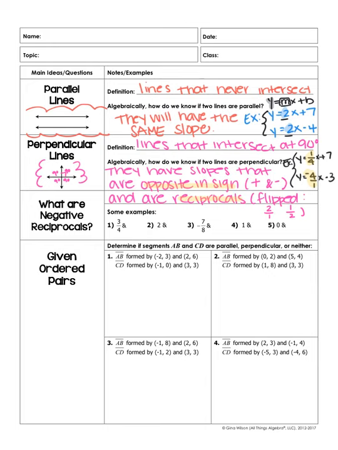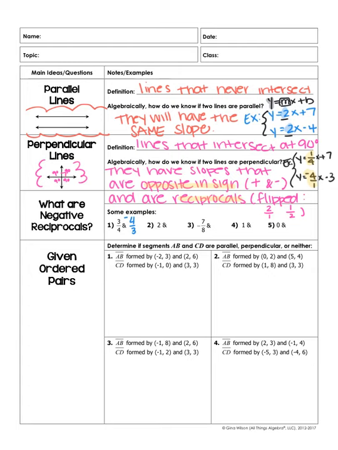All right, let's review some more about being opposite in sign and reciprocals of each other. It says 3/4. To flip that, it would be 4 over 3. The 3/4 is positive, so 4/3 has to be negative. Next one says 2.